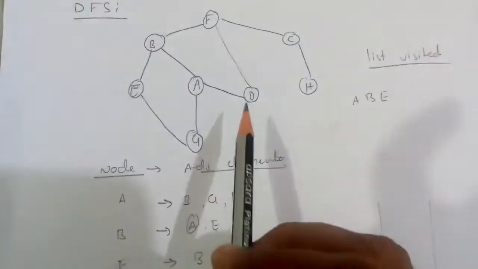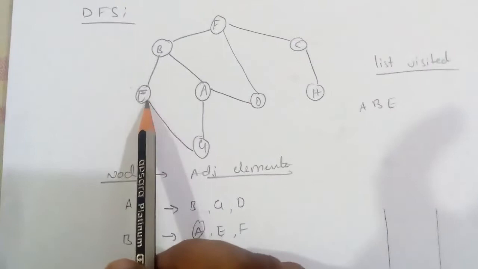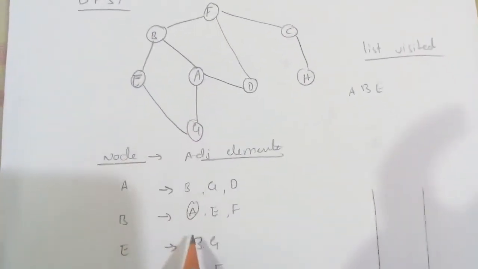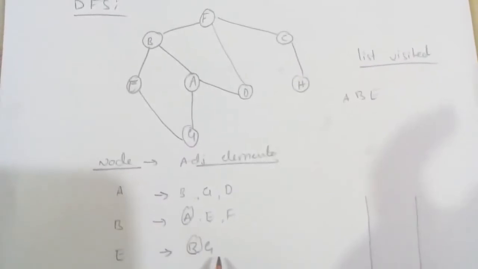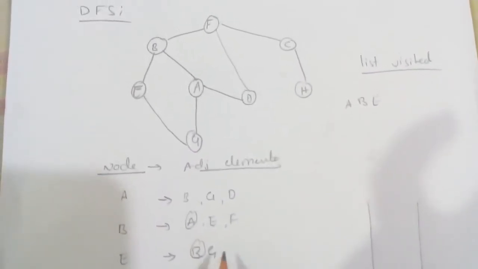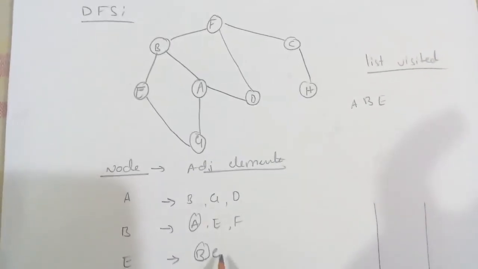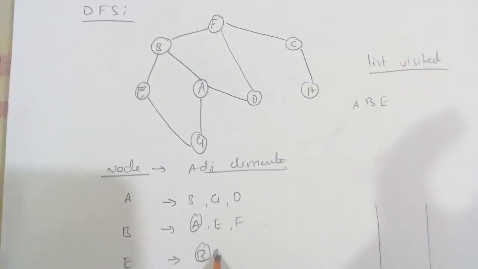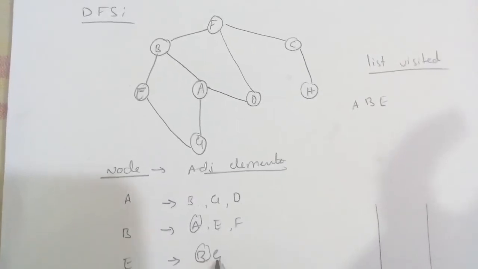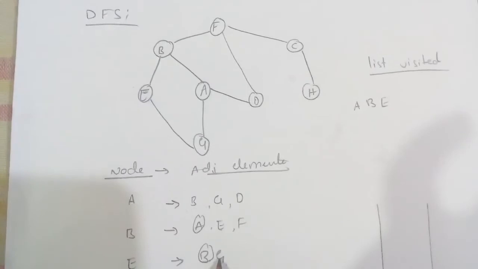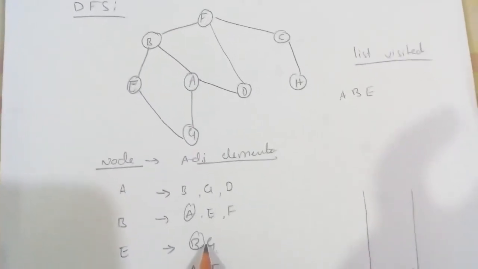Next, the nodes adjacent to E are B and G. B is already visited, so the unvisited vertex is G. Now G is pushed onto the stack and added to the list as visited.